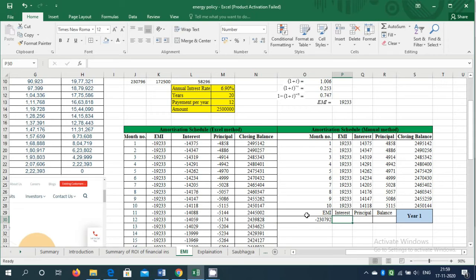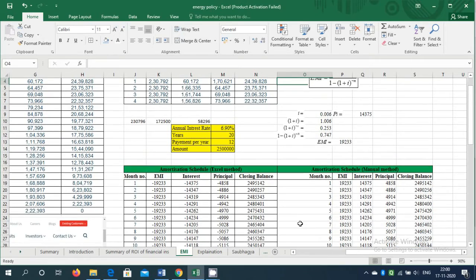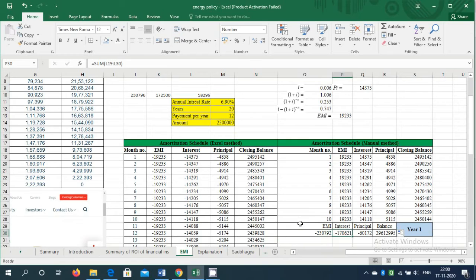230792, then after that interest, principal and balance. Now let us see whether these values are matching or not. 230792, 60,172, 60,000.